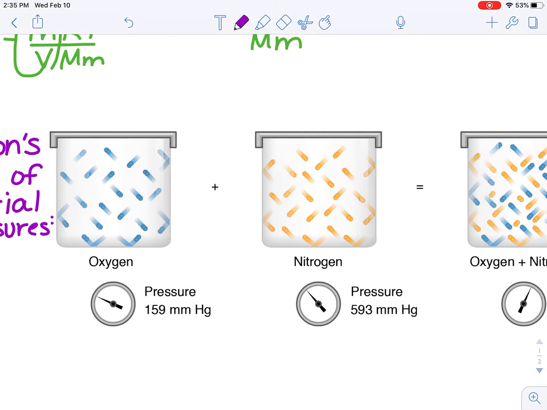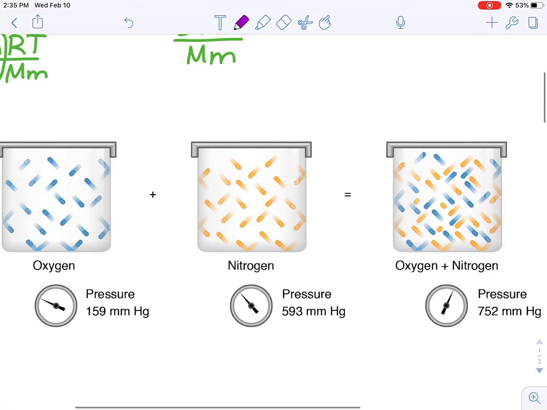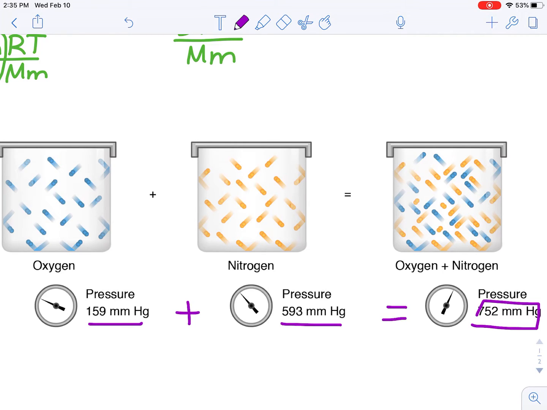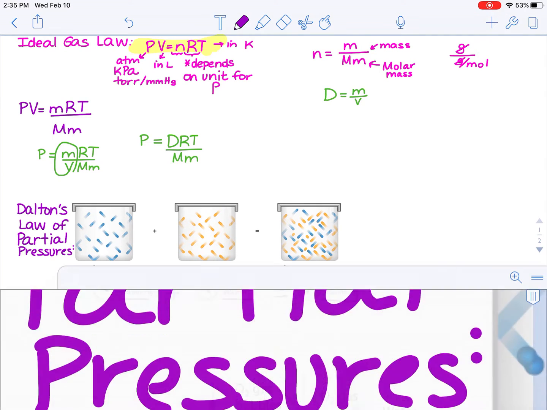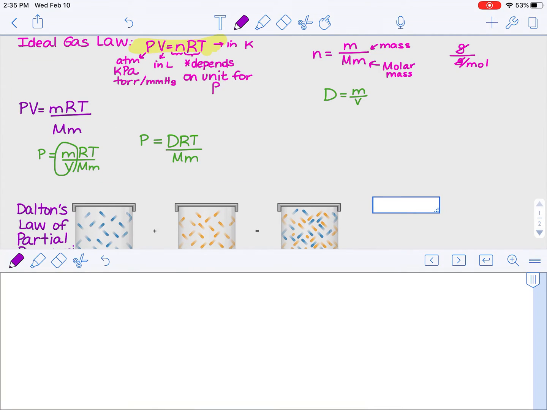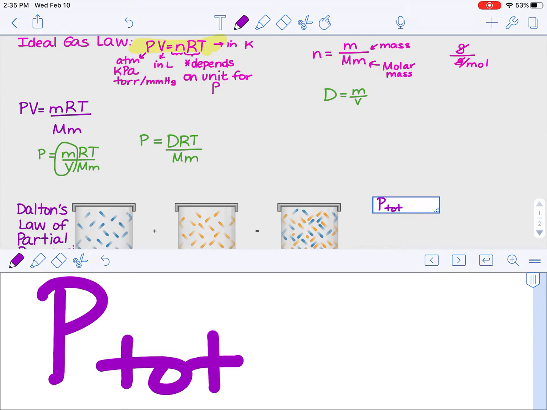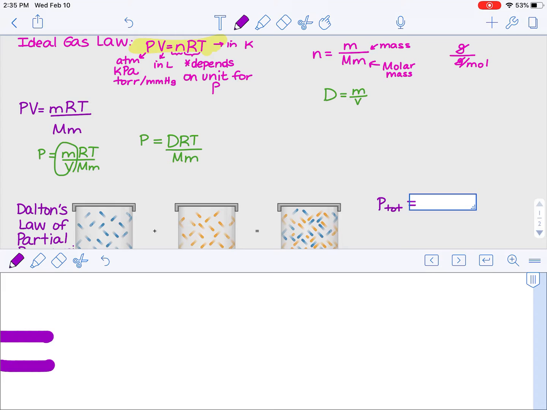The pressure of each of those gases is measured. The two vessels are combined into one, so we now have a mixture of oxygen and nitrogen. How did the individual pressures of the two gases compare to the pressure of them mixed together? Well, wouldn't you know it, it winds up being the sum. That is Dalton's law of partial pressures.